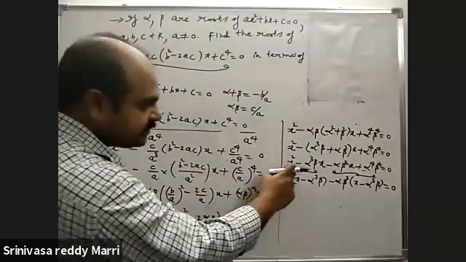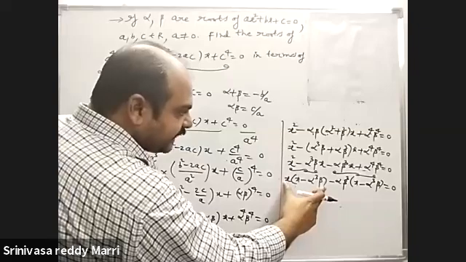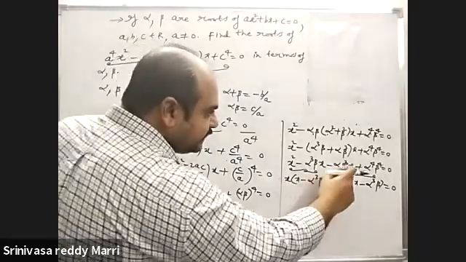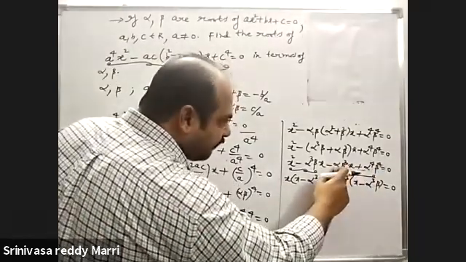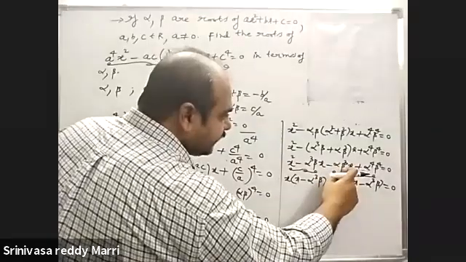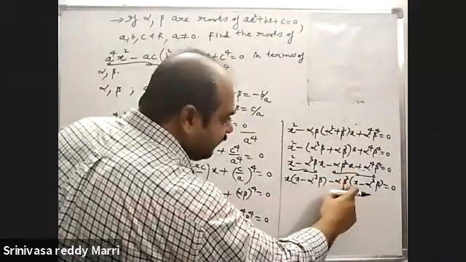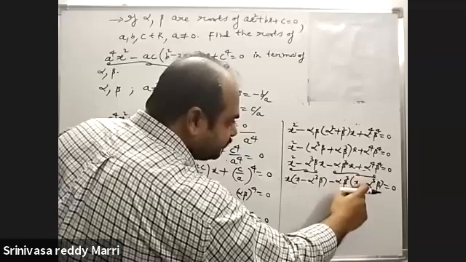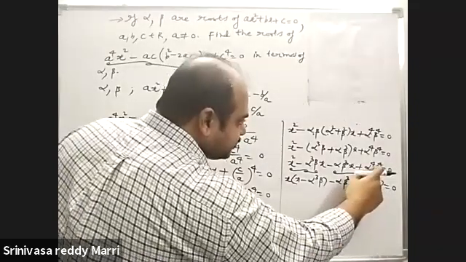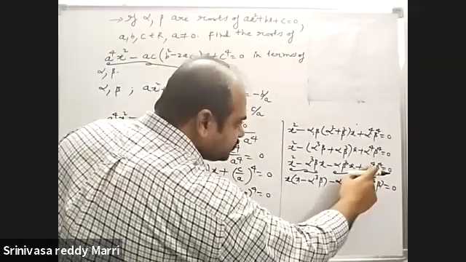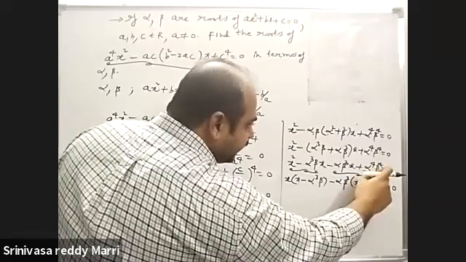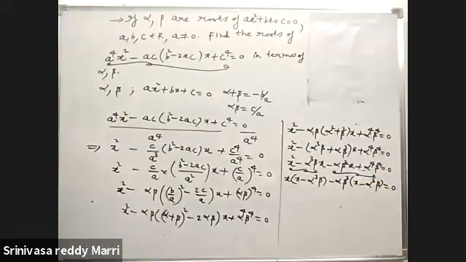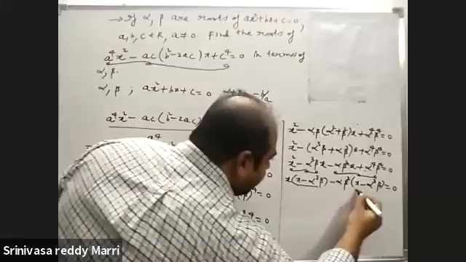In these two I have taken x common, x minus alpha cube beta. In these two I have taken common minus alpha beta cube. Here x you will get, minus 1, alpha I have taken common, so you will get alpha cube, beta cube I have taken common, you will get beta. Now this is common in both.